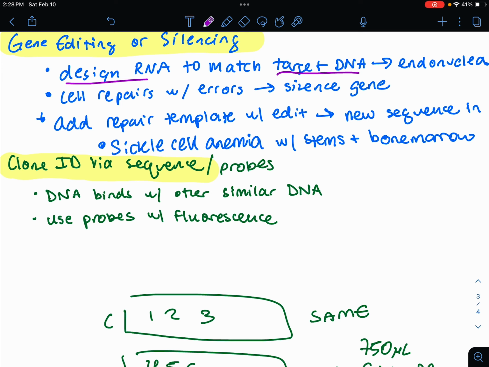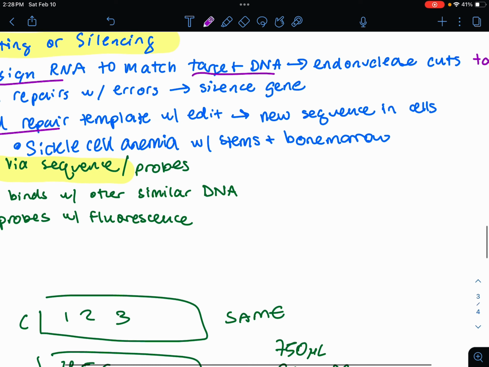The cell will attempt to repair the broken DNA, but it results in errors that silence the gene. Okay, so now we go into gene editing. We're going to add a repair template for gene editing that has the changed sequence, and it will be incorporated into the DNA of the cell during the repair process. The target DNA is altered so the cell has a new sequence.